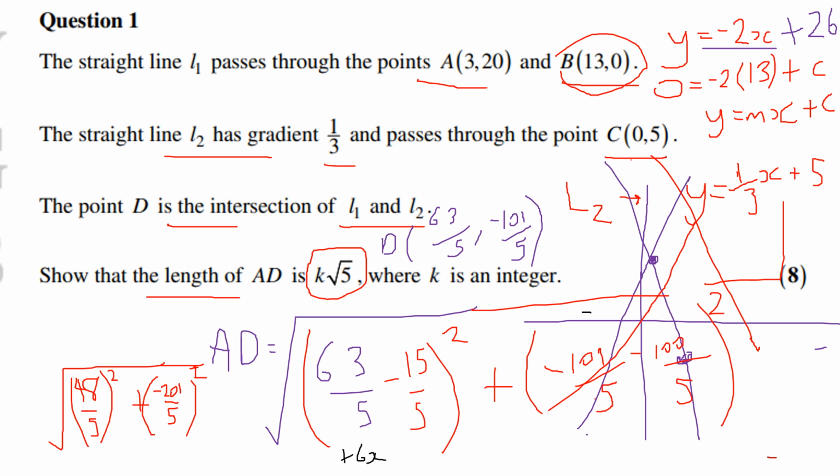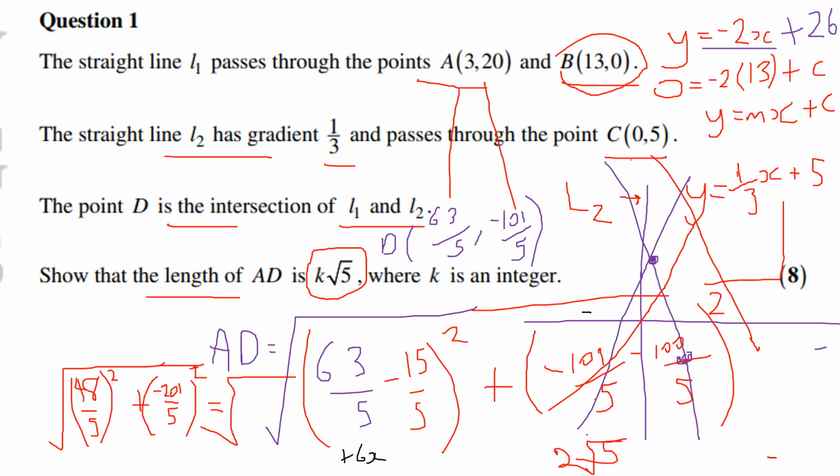To work out the distance, you work out the difference in the x coordinates and square it, and the difference in the y coordinates and square it. But your answer is meant to give you something like 2 root 5, or 3 root 5. Working this out on my calculator, I got a weird decimal answer.